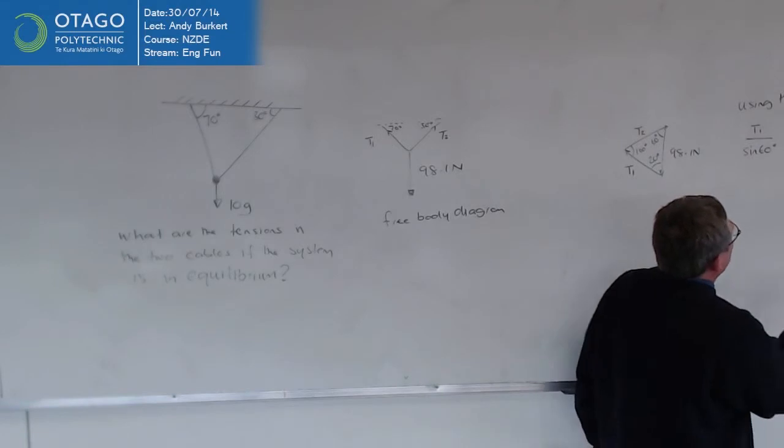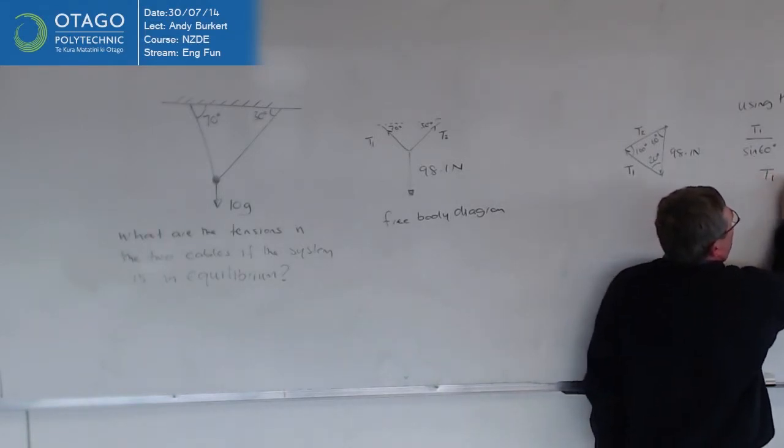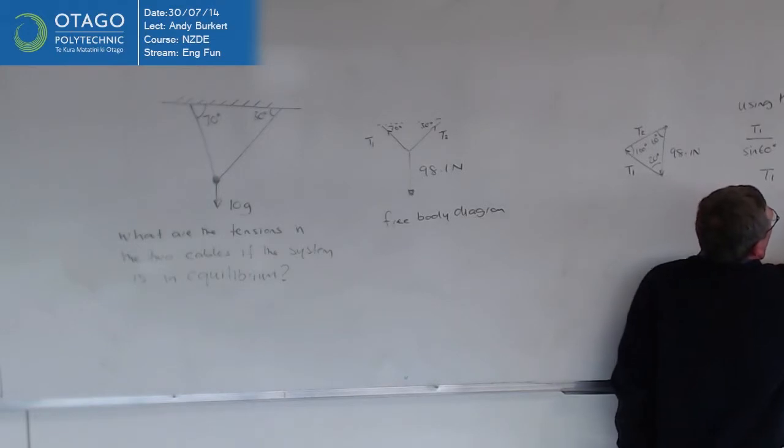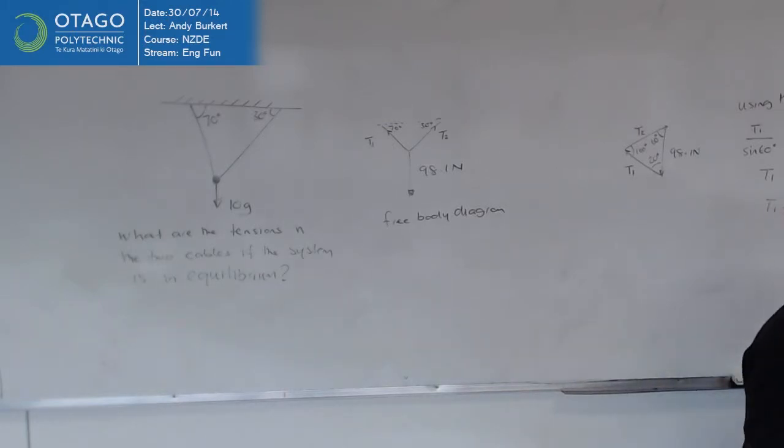And we want to rearrange this. This sine 60 can come up to the top there. So T1 is 98.1 sine 60 degrees divided by sine 100 degrees, which we'll do on our calculator.